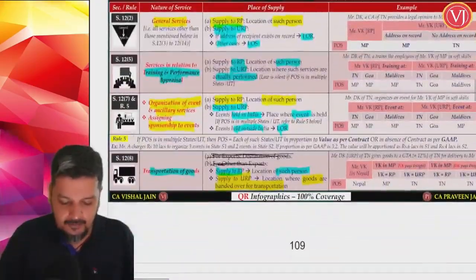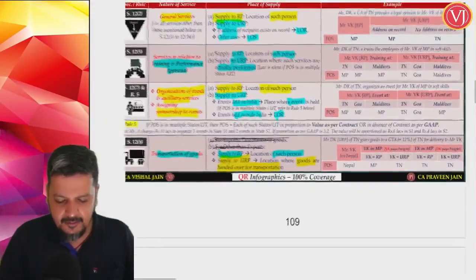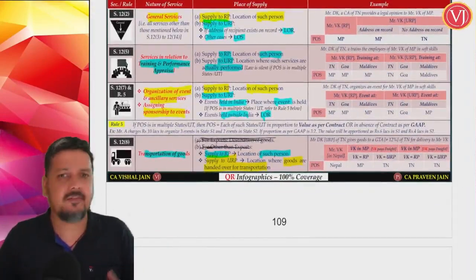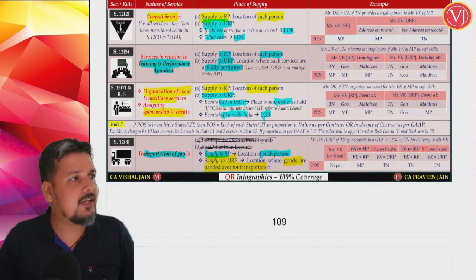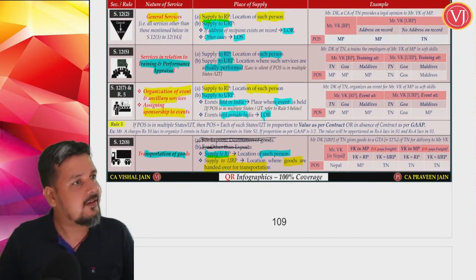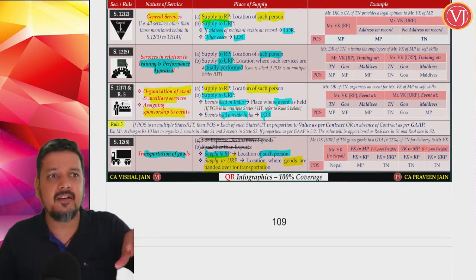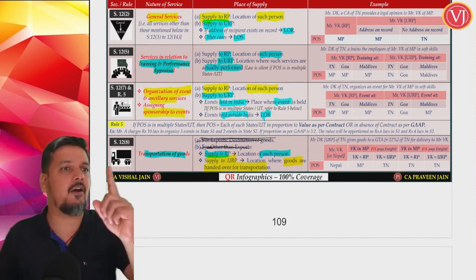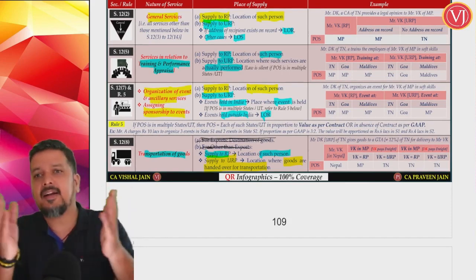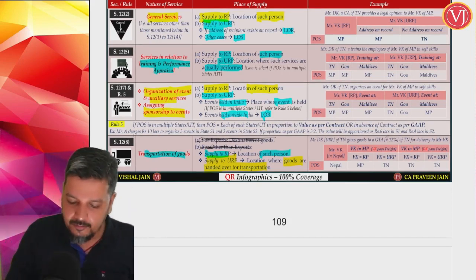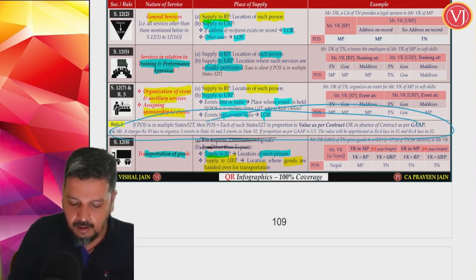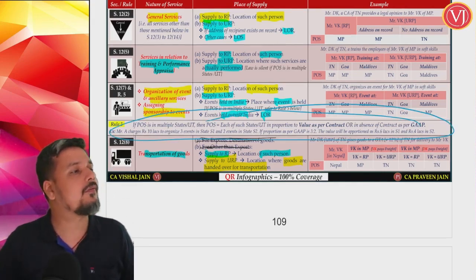And supposing I'm organizing an event for IPL, and that event will be in multiple states, which we are seeing. IPL event is organized in multiple states, correct? It is not organized in a single state, it is organized in multiple states, but my contract is only one. If the contract gives the breakup, no problem. If the contract is not giving the breakup, logical breakup is as per rule 5.